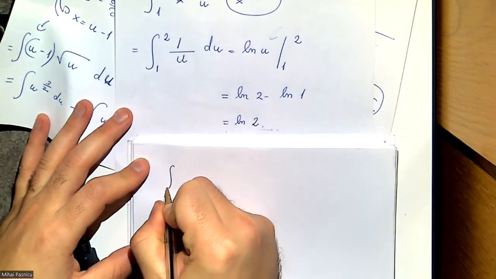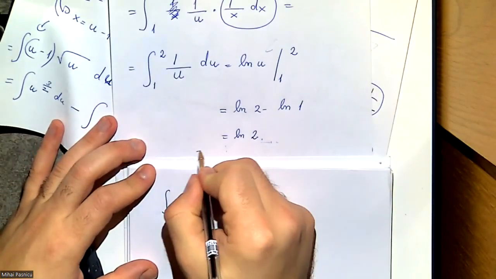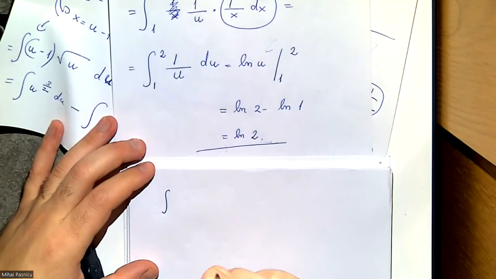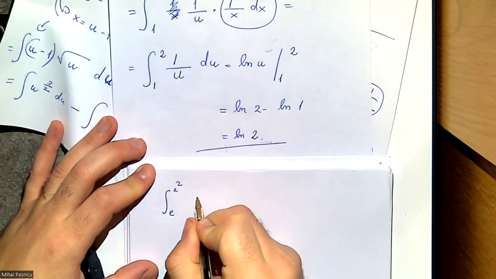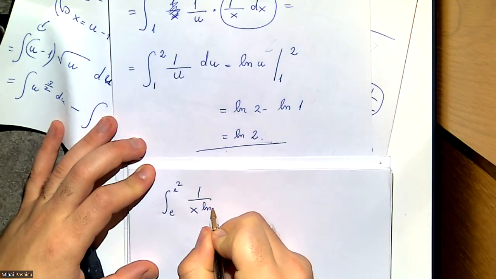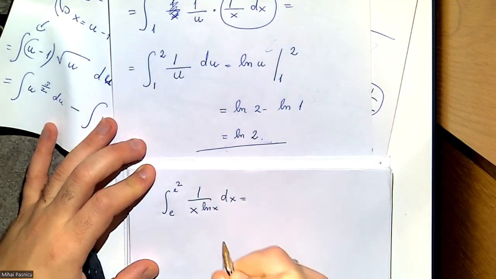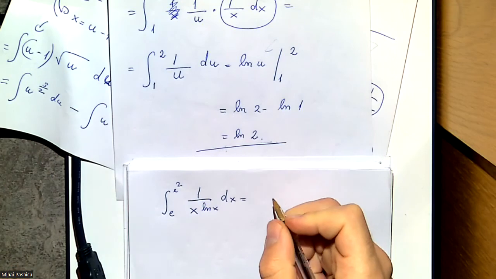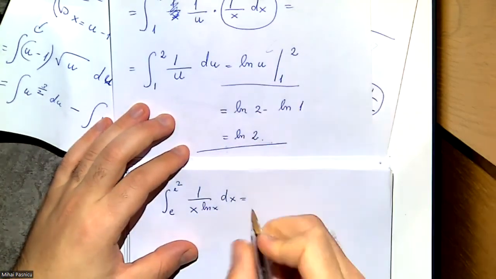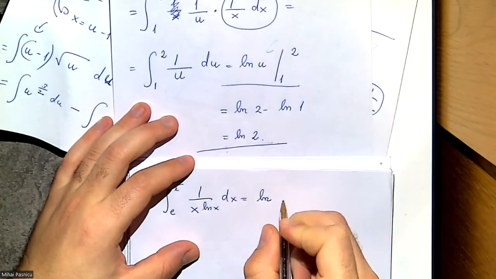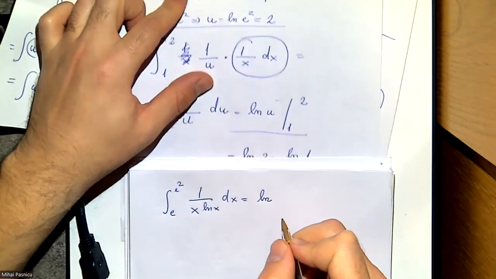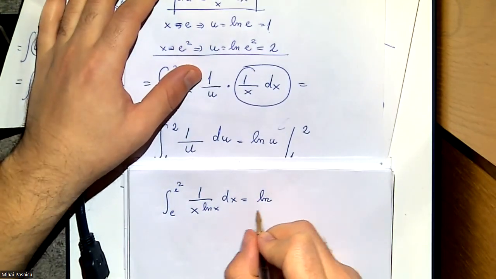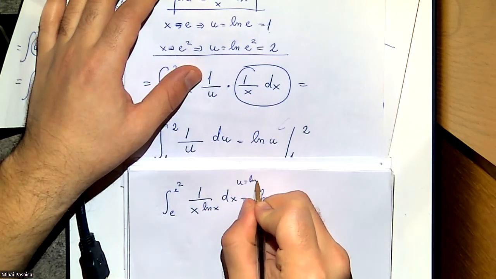So you get this if you just straightforward replace after you compute. Now, let's say I have this integral from e to e squared of 1 over x log of x dx is equal to this. Now I just got to replace everything here. My notation was u is equal to log of x.